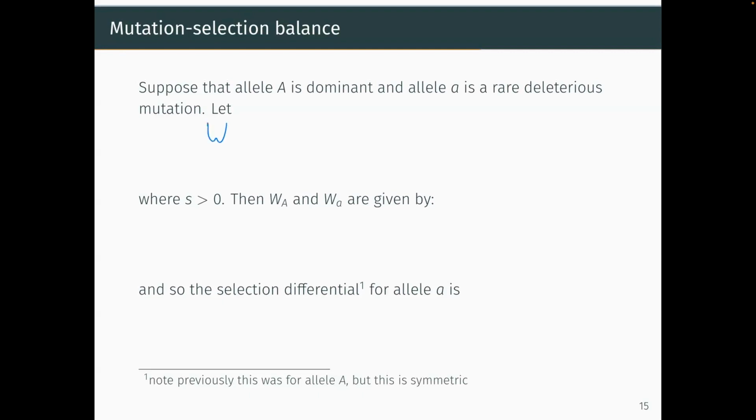So in the notation that we had before, switching things around a little bit, we're going to assume that the fitness of individuals with at least one copy of the dominant allele is going to be equal to 1. And individuals with two copies of the little a allele are going to have fitness 1 minus s, where s is some positive number.